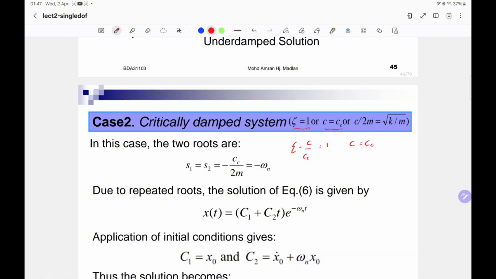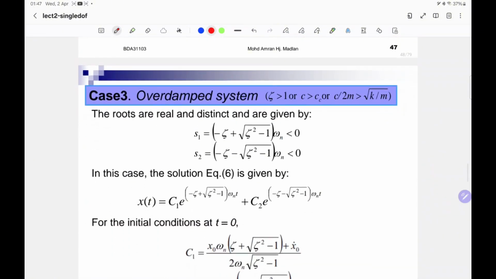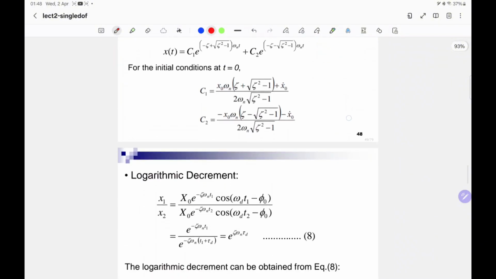That is the case for critically damped system. And for overdamped system, zeta is larger than 1, or c is larger than cc, meaning that the damping coefficient is higher than the critical damping coefficient value.